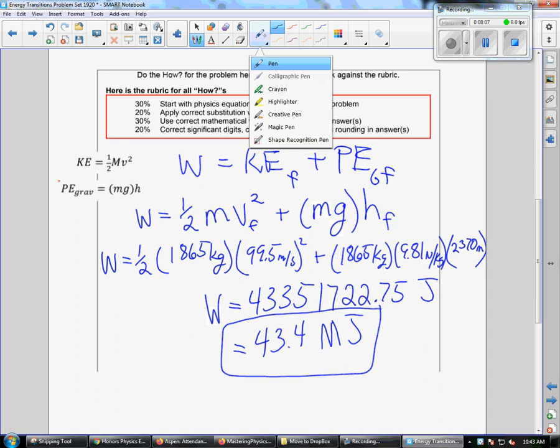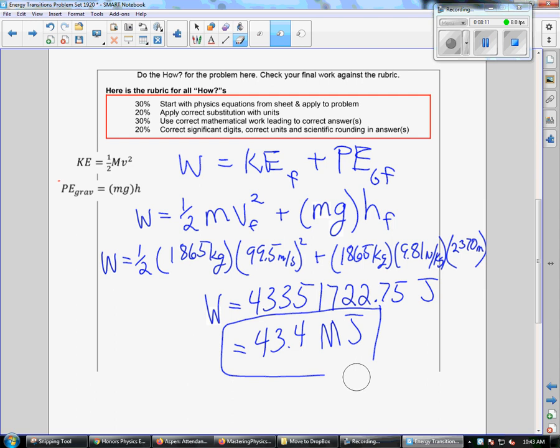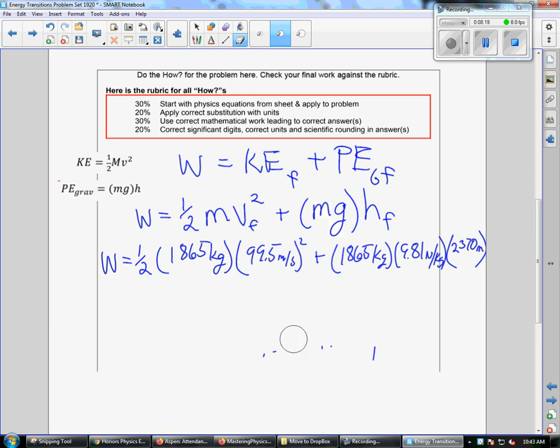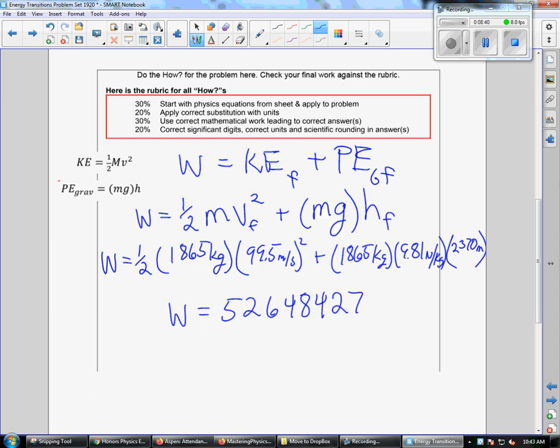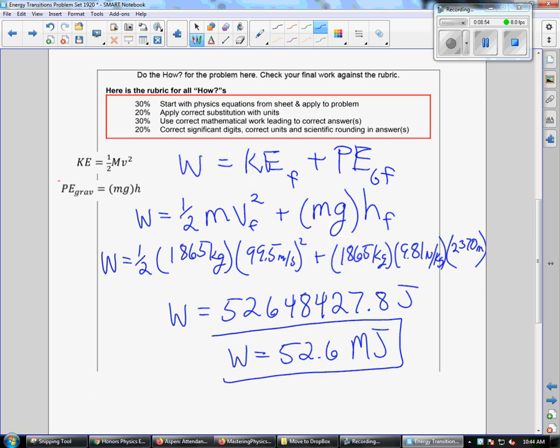So I should have gotten W equals 5, 2, 6, 4, 8, 4, 2, 7.8 joules, which means the W equals 52.6 megajoules. It's amazing what happens when you put it in right.